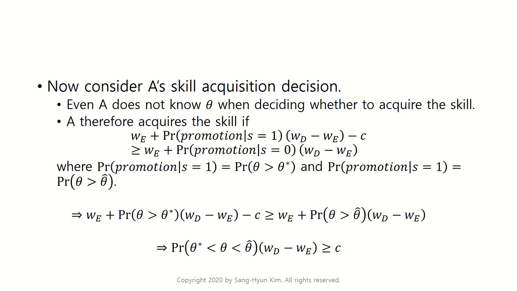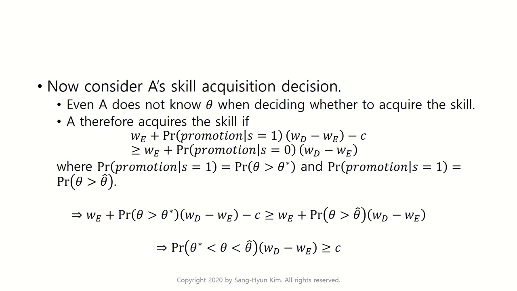So the left-hand side is the expected wage when making an investment. So what is the expected wage? Expected utility is W minus C. What is W? W is WE, the baseline wage.